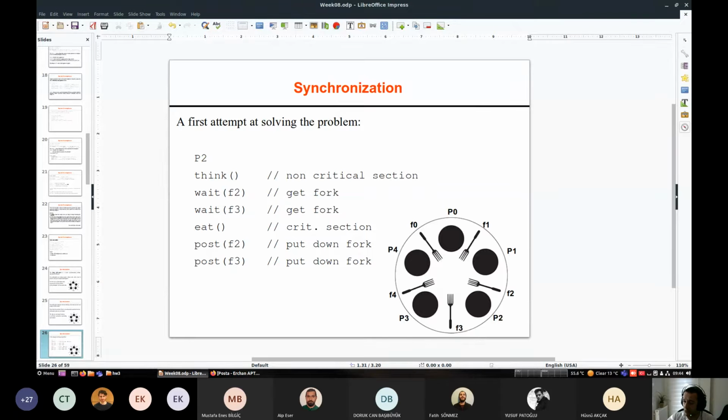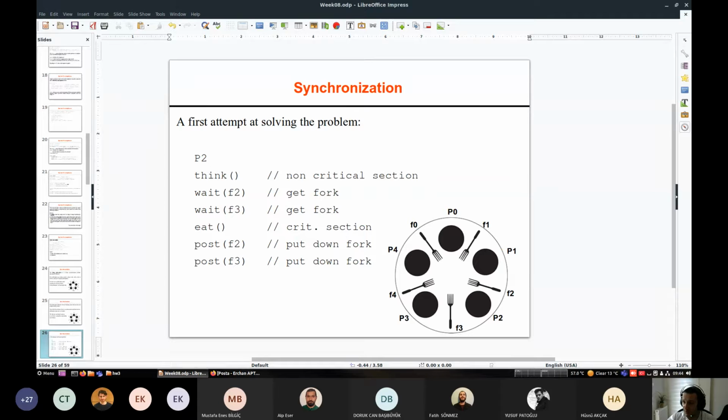So it first thinks, so this is the non-critical section. Then it must get the shared resources. So it calls wait F2 in order to get the first resource, wait F3 in order to get the second resource. Then it is inside the critical section, so it eats. And once it is done, in order to get outside of it, it will put down the forks. So it will call post on both F2 and F3.